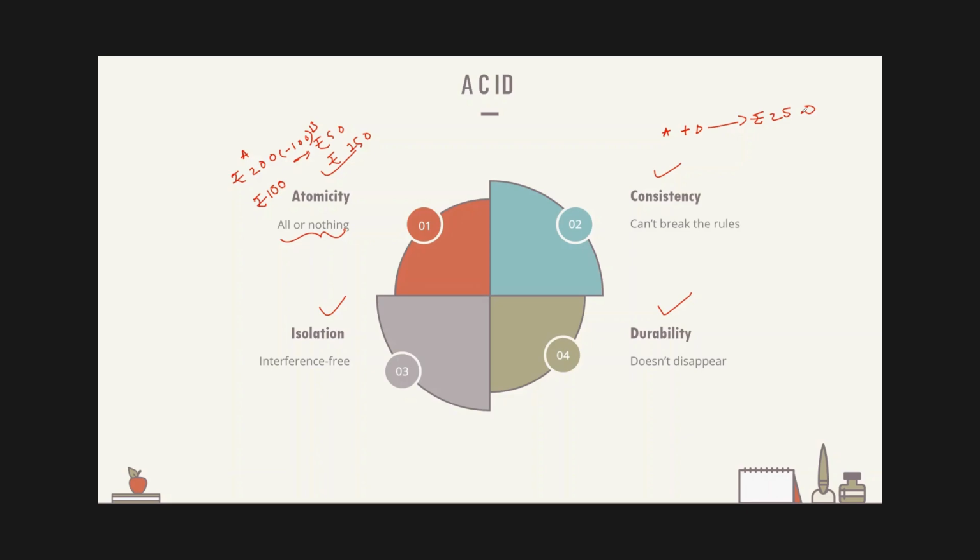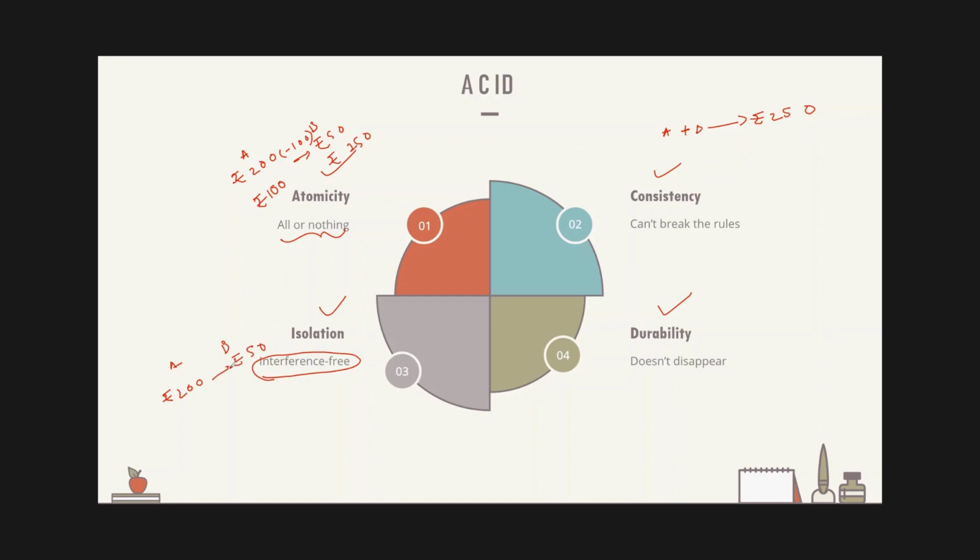Now, what does isolation mean? Isolation means interference free. What does that mean in terms of the money transfer we are using as an example? You have account A with rupees 200 and account B with rupees 50.